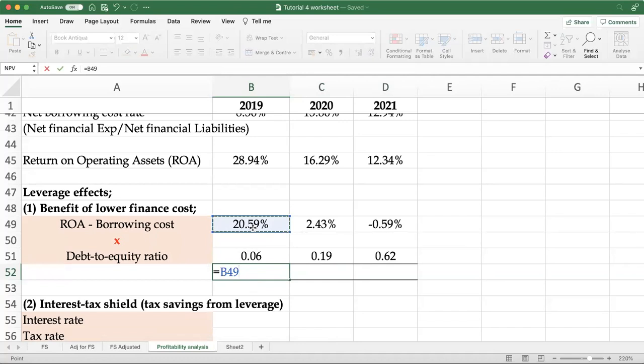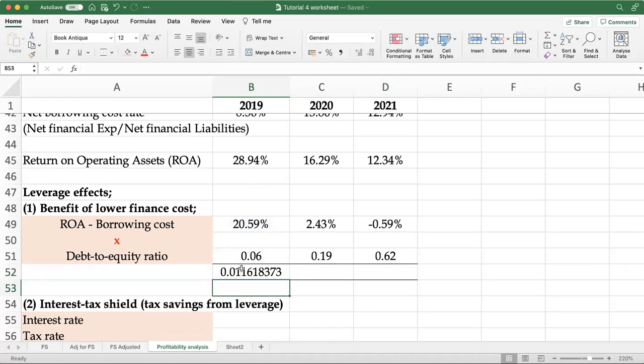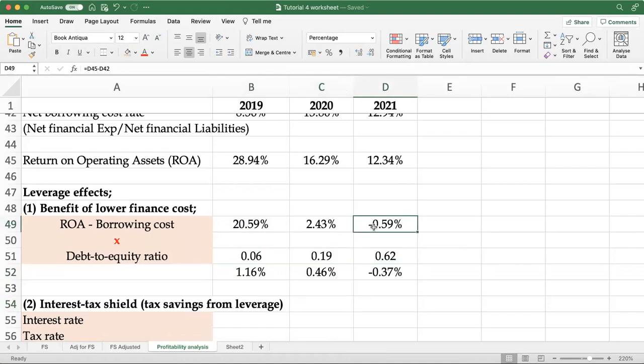So this is multiplied by the debt to equity ratio, and you get the benefit of lower finance cost.